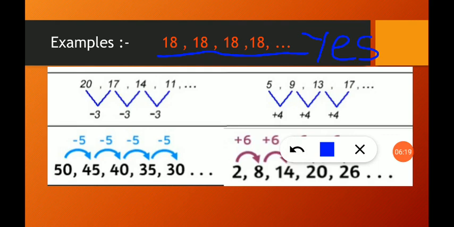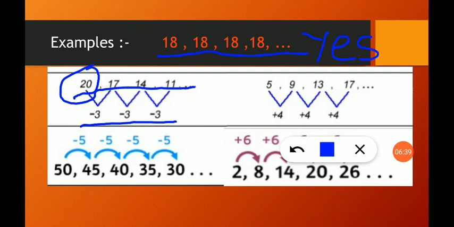Next is 20, 17, 14, 11 and so on. In this case, what are we adding? We are adding -3 to each term. It was said that we don't have to add to the first term, so we are not adding anything to the first term.